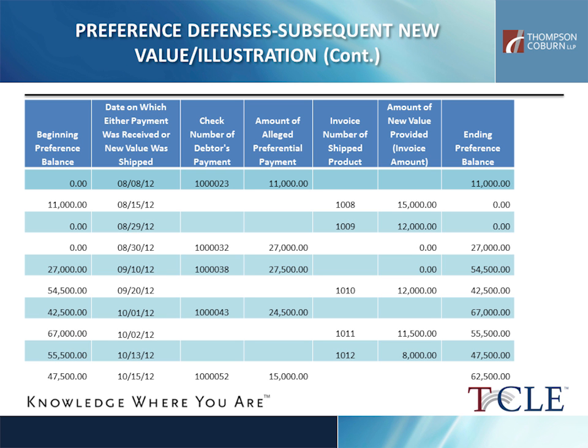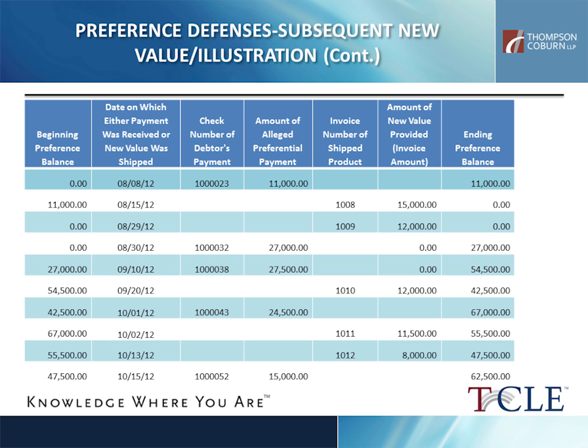So you see the $11,000 preference balance on the left-hand side on the second row being reduced down to zero in the far right column on the second row. And obviously, we actually have $4,000 of additional new value. We only really needed $11,000 worth of new value to reduce that preference balance down to zero.